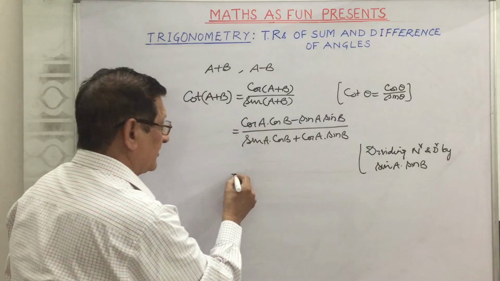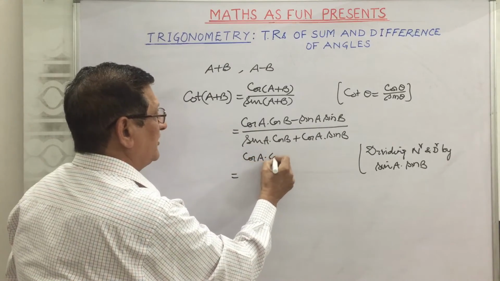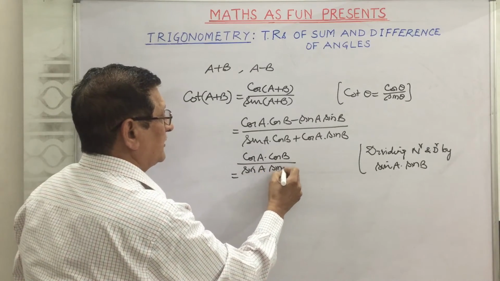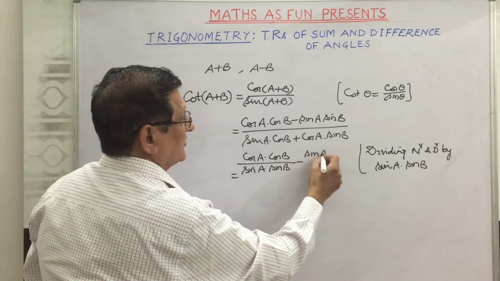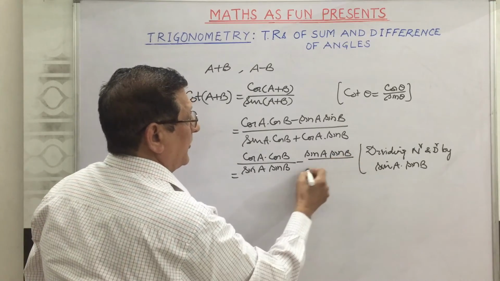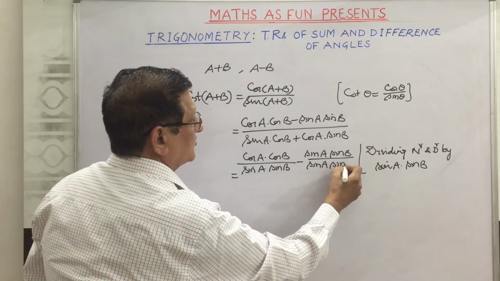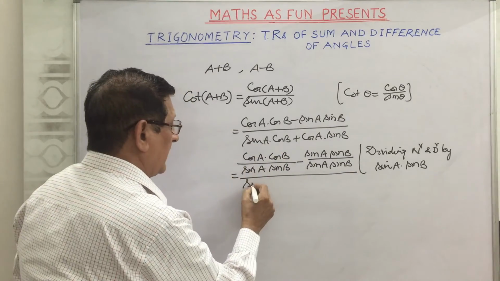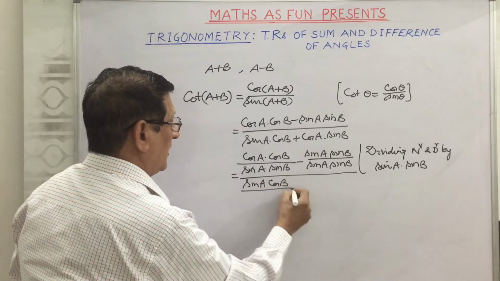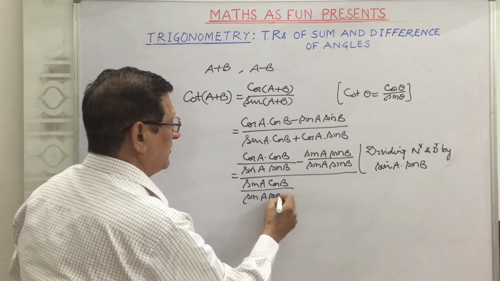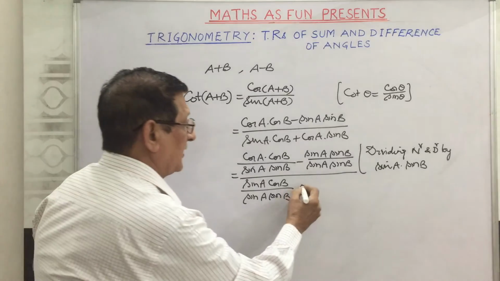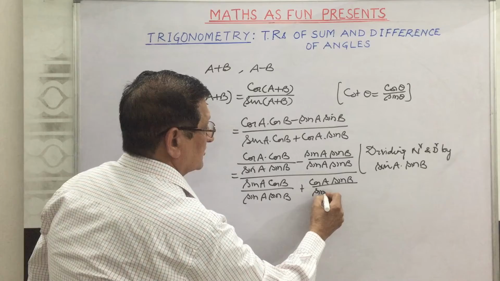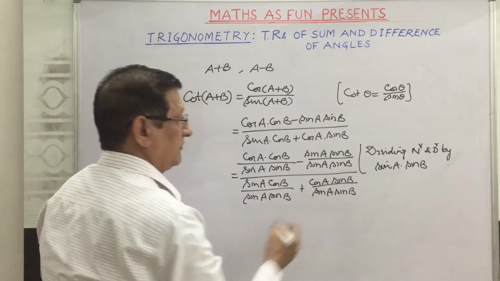And when we divide it, we are finding cos A into cos B upon sin A into sin B minus sin A into sin B upon sin A into sin B, whole upon sin A into cos B upon sin A into sin B plus cos A into sin B upon sin A into sin B.